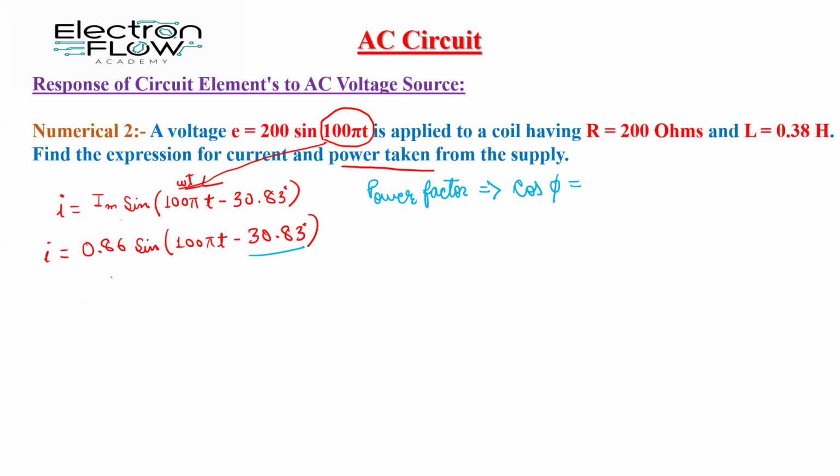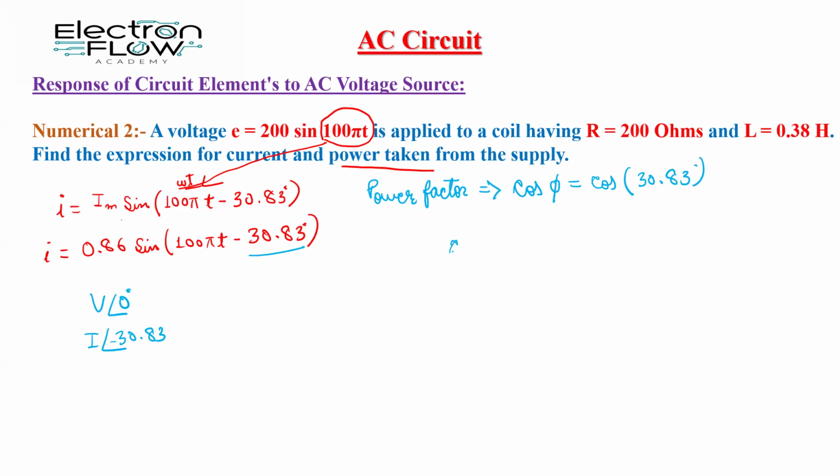The angle of the voltage is 0 degree and the angle of the current is 30.83. So cos phi is the cos of 30.83 degree.